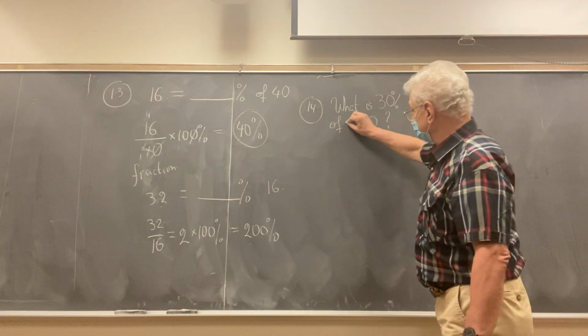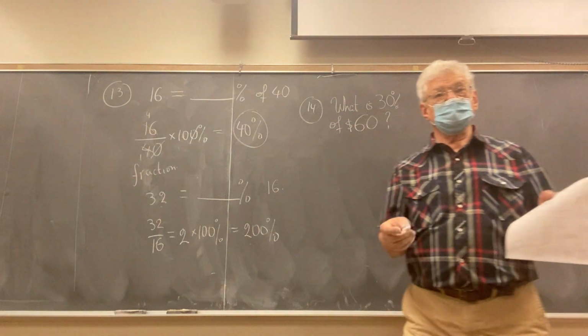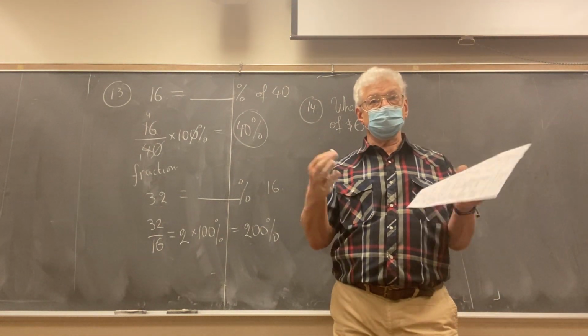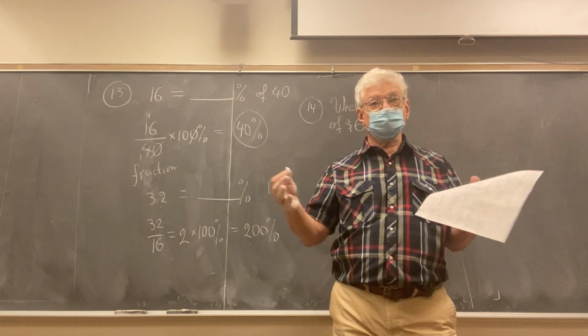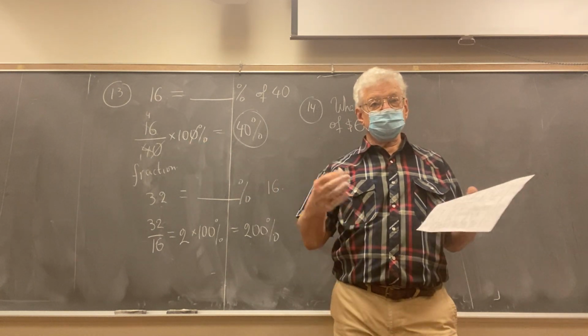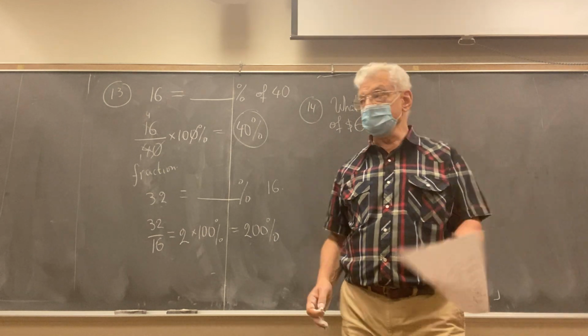I could write, for example, $60, or I can write 60 miles. You have to drive 60 miles, but you took only 30% of your trip. So how many miles did you drive?